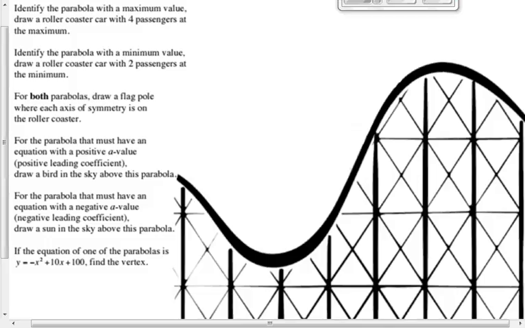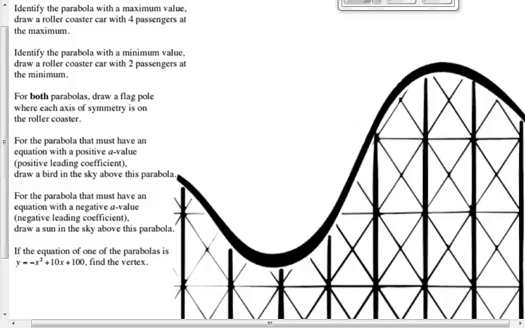Identify the parabola with a maximum value. Draw a roller coaster car with 4 passengers at the maximum. So I need to see which one's got a maximum, which one's got a minimum. Maximum, by definition, means the highest point. So if I'm looking at the highest point, there's no way that can be it. This one goes down. It's the lowest point. So my maximum has to come with this parabola that's off to the right side.